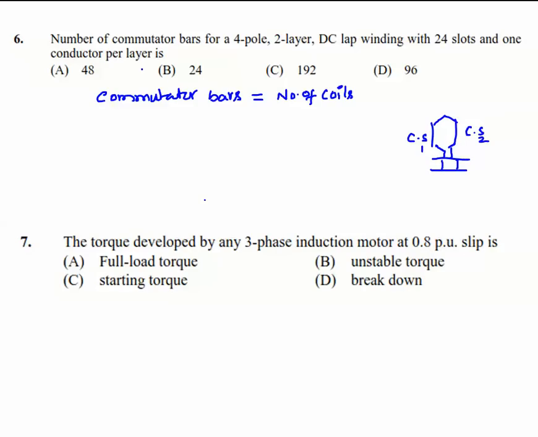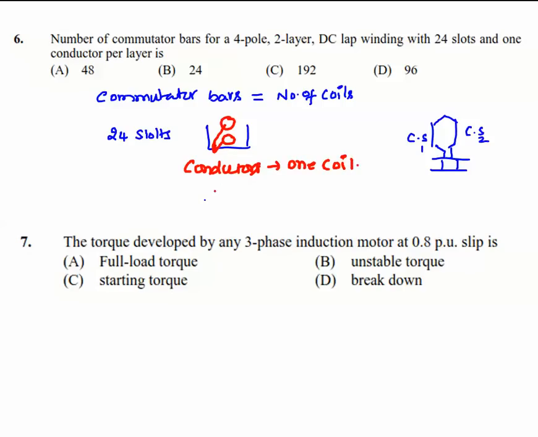Normally in the given question we have 24 slots. So I will take the slot like this. It's a double layer winding, that means we will have two conductors, first conductor and second conductor, and these two conductors will make one coil.